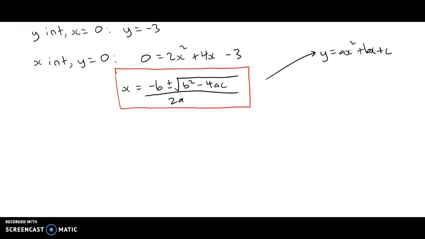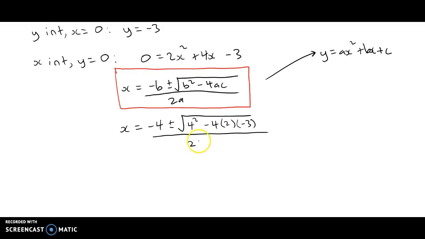So for us, we'll have minus b will be minus 4 plus minus the square root of 4 squared minus 4. Our a is 2, our c is minus 3, all over 2 times, and our a is 2.